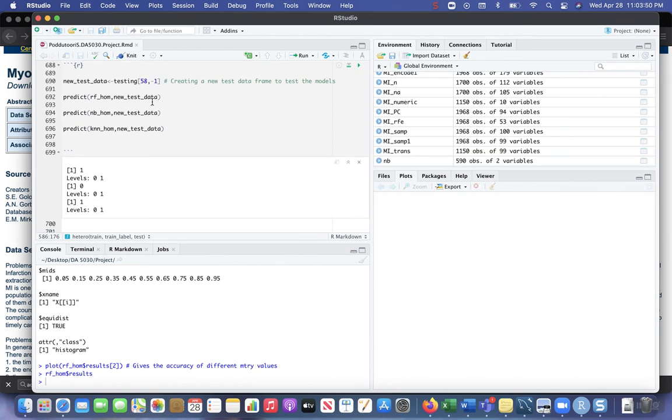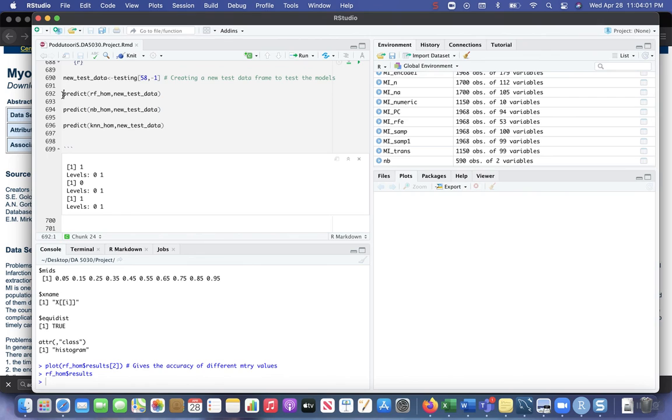And trying it on a new data set, which is randomly selected from the sample since it needed the same level of factors to work, all three models predict the same. Sorry, I think naive Bayes predicts 0 since its accuracy is less, as can be expected. The other two predict the one and one levels, which is some sort of complication seen as per the given data.